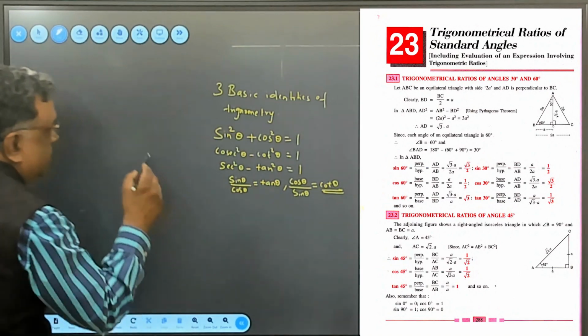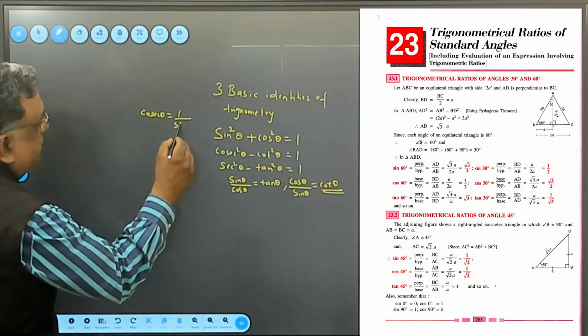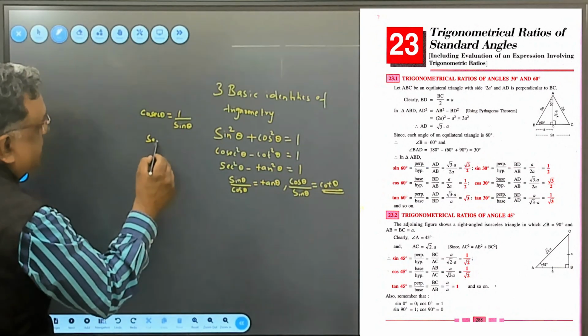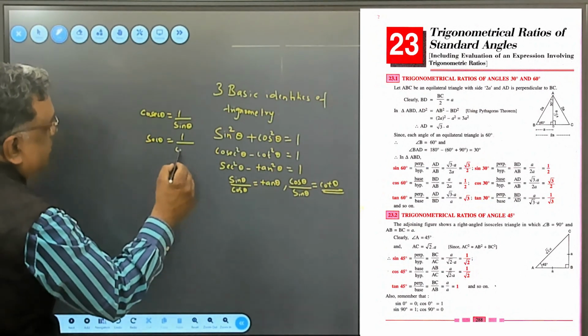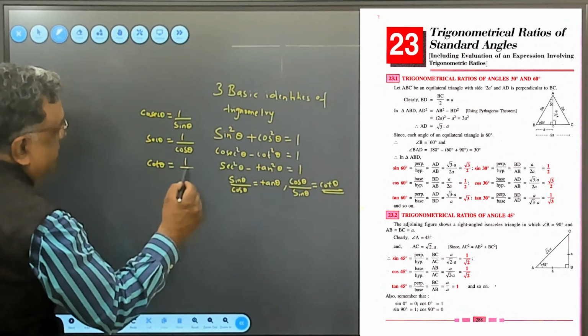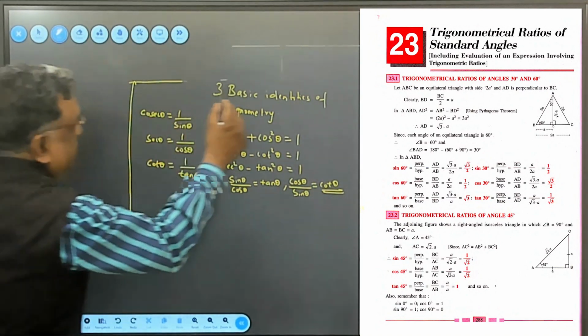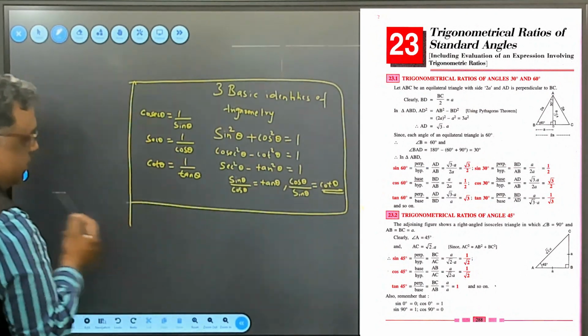We already know cosec theta is 1 upon sin theta, sec theta is 1 upon cos theta, and cot theta is 1 upon tan theta. So anyways, we will understand these things.